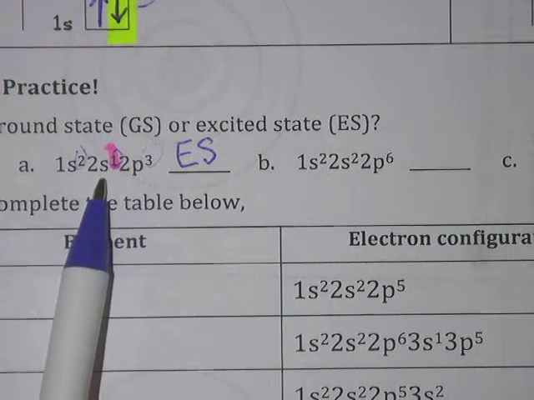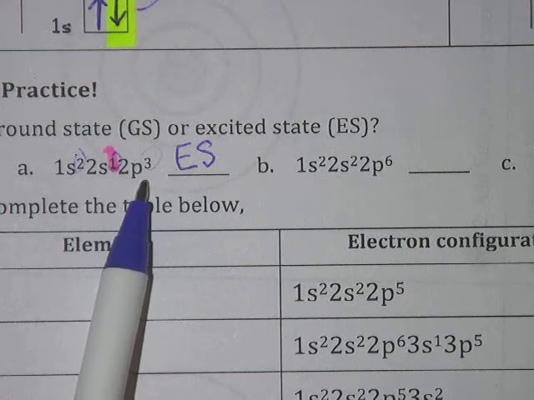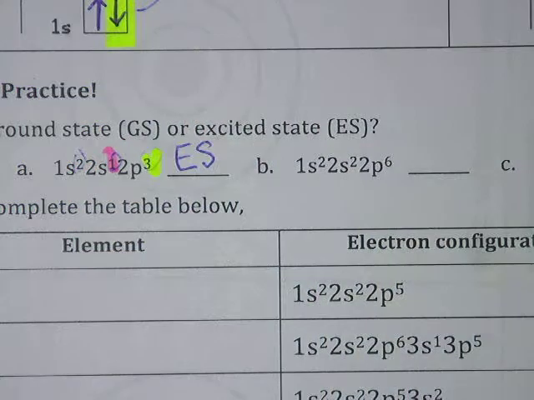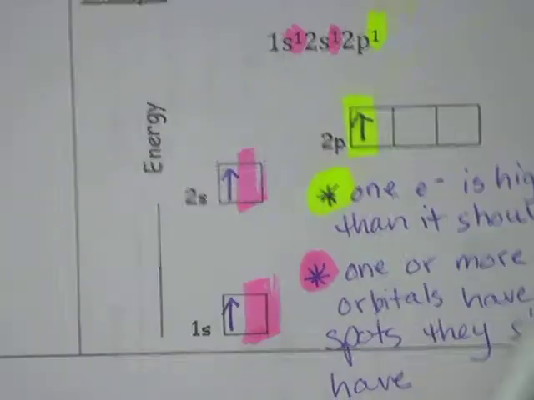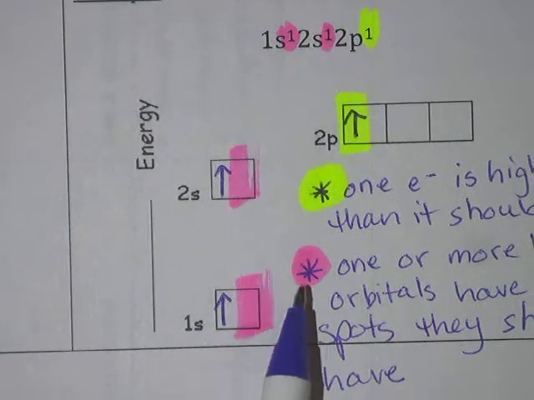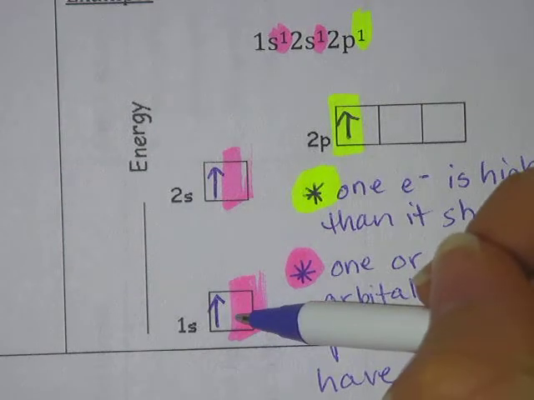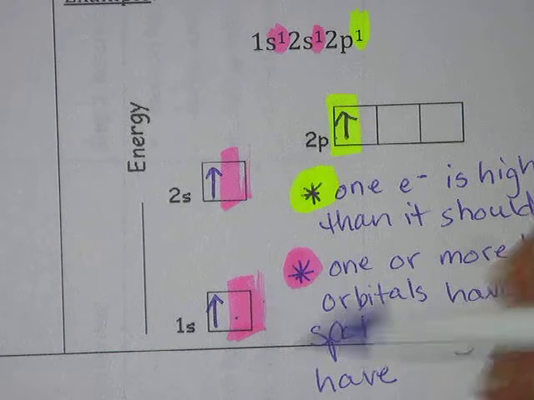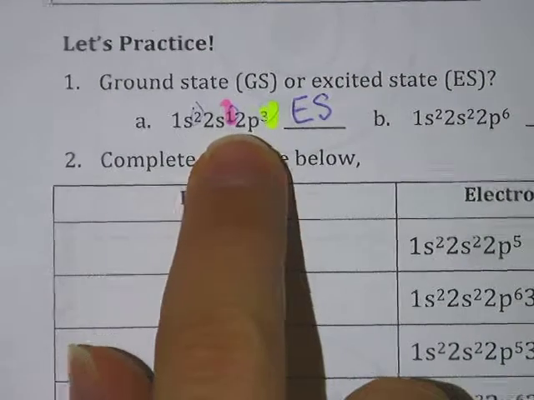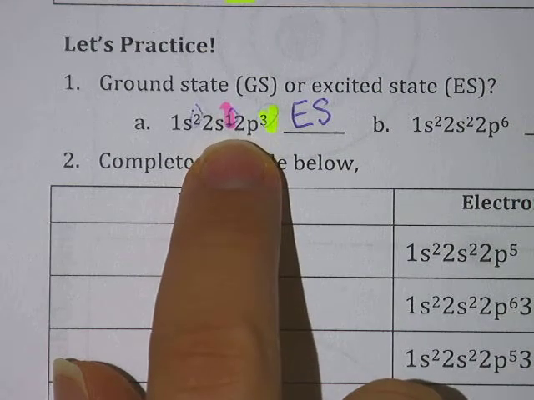So that means that one of these electrons in the 2p has moved up to a higher energy level and left an empty spot down in the 2s. Just like in our lithium example, there was an electron here that moved up to a higher energy level and left these empty spots behind. So that's probably the fastest way to recognize that this is the excited state.